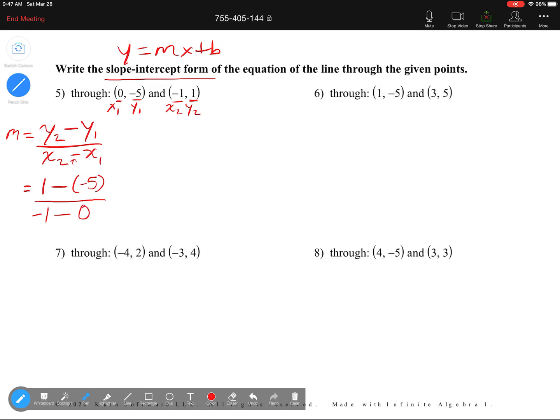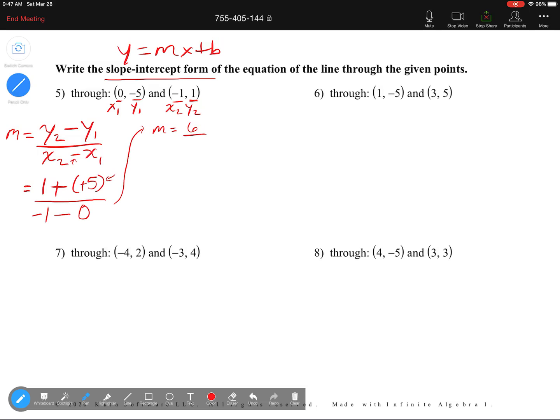So now that we have correctly placed our values in, we're going to go ahead and simplify this. Just looking at the numerator for right now, when we're trying to take the opposite of negative 5, really we're adding 5 there. And as a result, we end up with a slope that's equal to 6, because 1 plus 5 is 6, over, on the bottom, negative 1 minus 0.